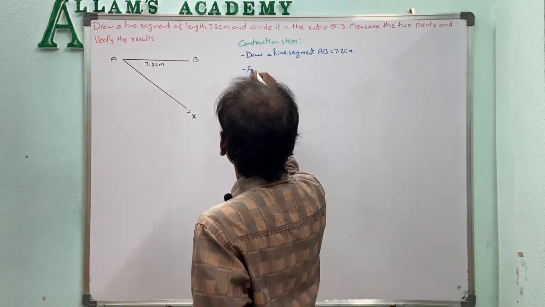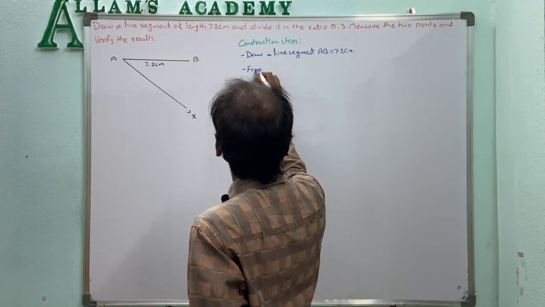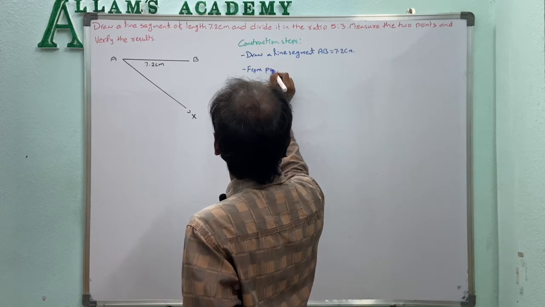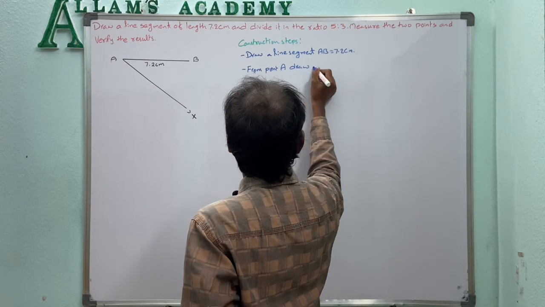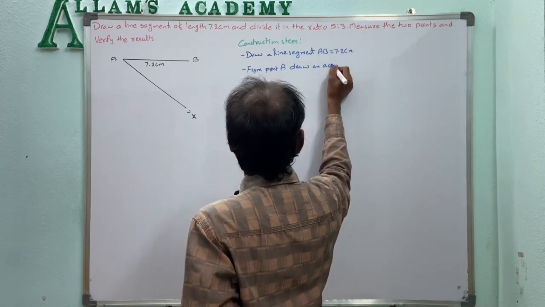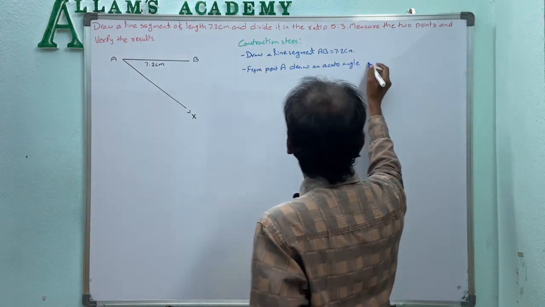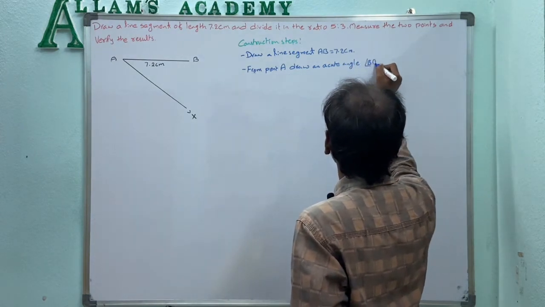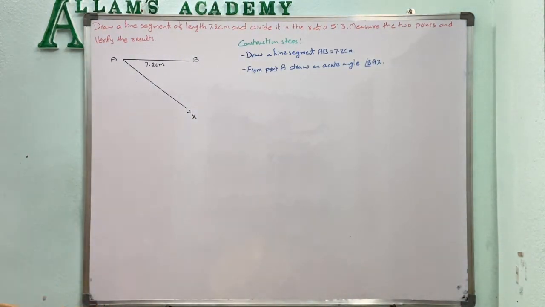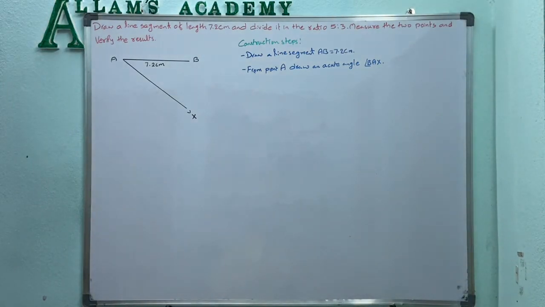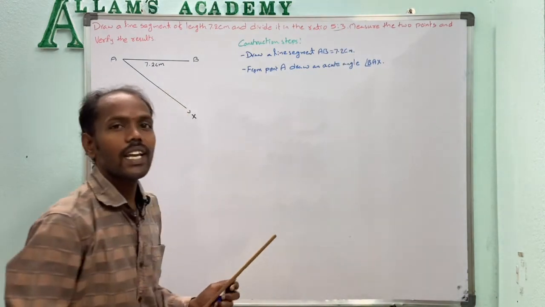From A, draw an acute angle BAX. Next, we have to divide in a 5:3 ratio.